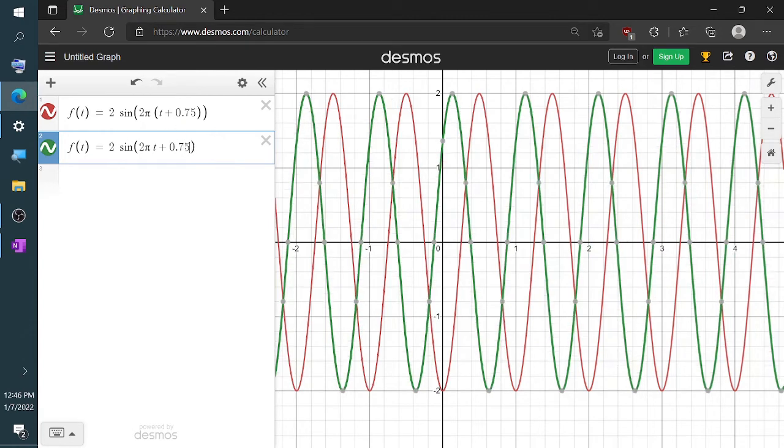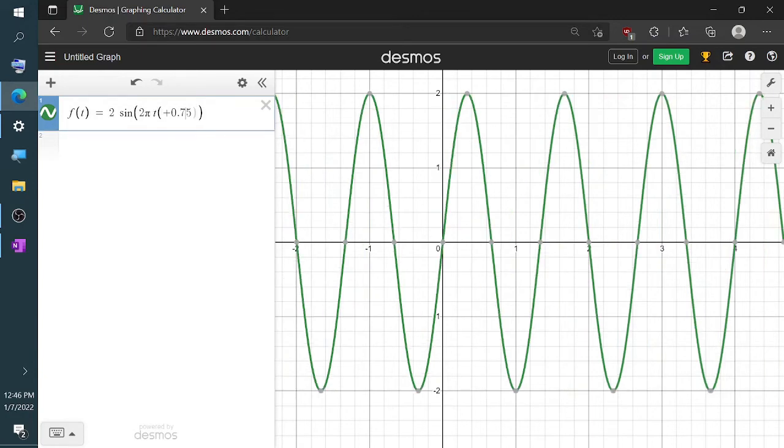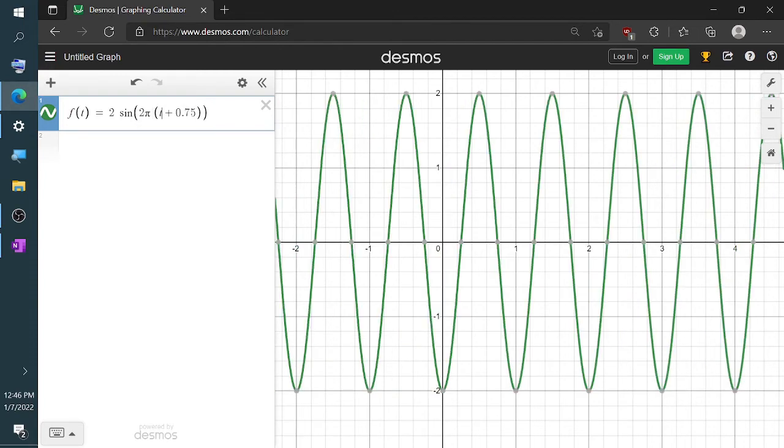So to give you an example of what it looks like when you don't have the parentheses around the 0.75, you get this green graph, which certainly does not achieve its lowest point at time t equals 0. So this shift is all messed up. If you want to get the correct horizontal shift, the t and the shift have to be together in parentheses.